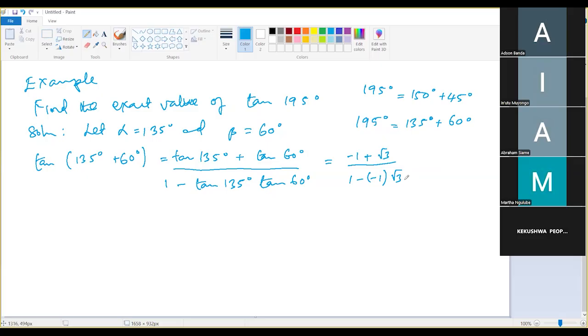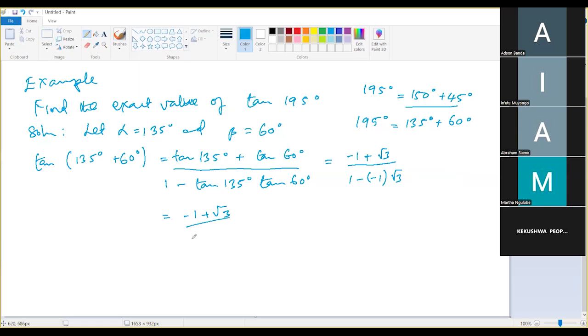So in this case, you can simplify what you have and then get the standard angle that you are looking for. Is there any question? You can also try to use 150 degrees and 45 and see what you are going to get.